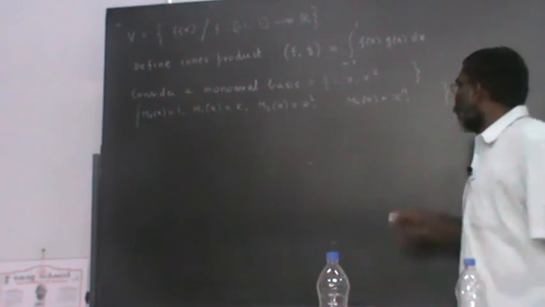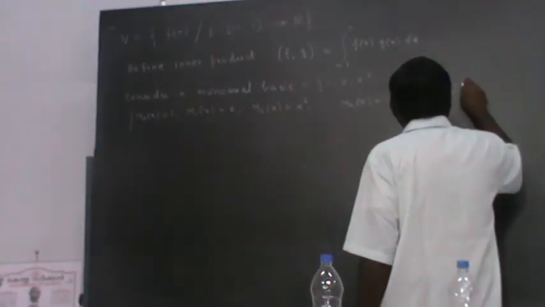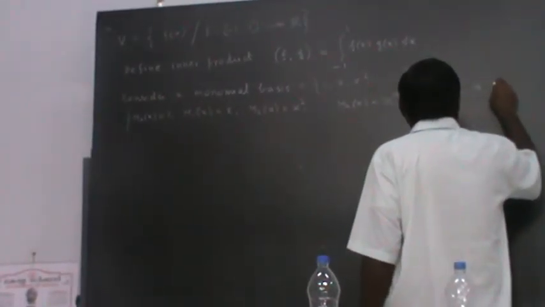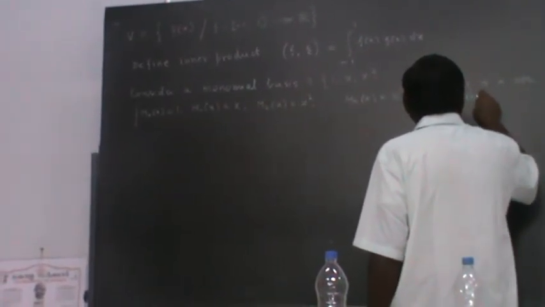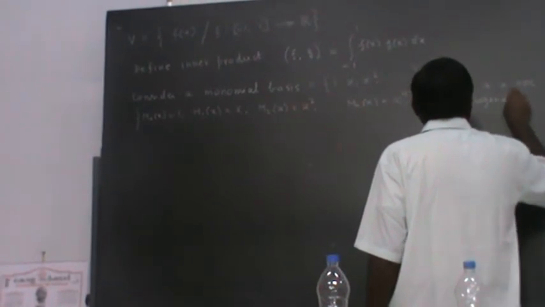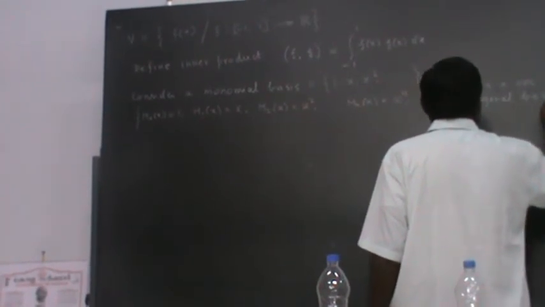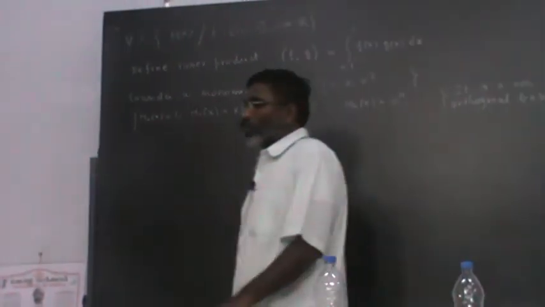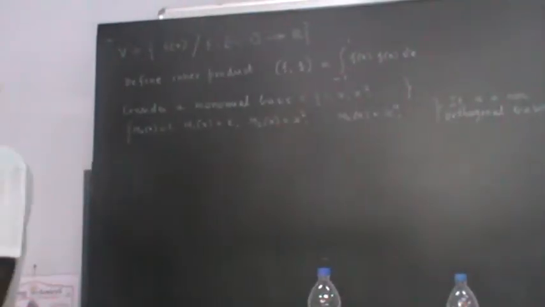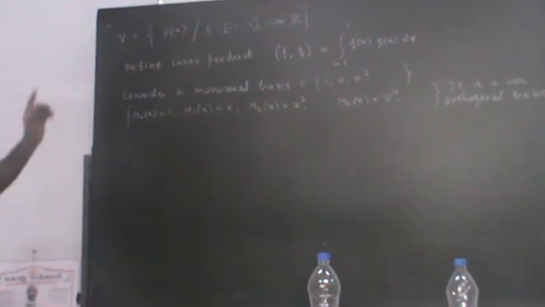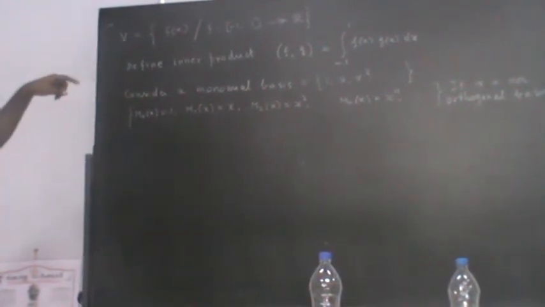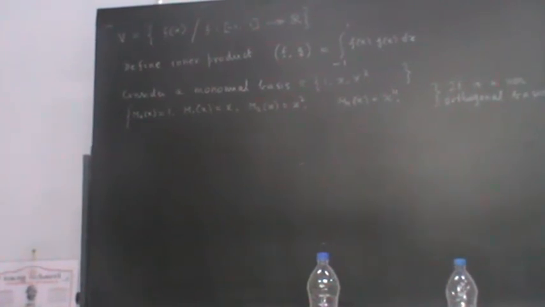It is a basis, a linearly independent set of polynomials or monomials, but they are not orthogonal with respect to this inner product. Orthogonality has to be talked about only with respect to your defined inner product. So I define the inner product, and with respect to this inner product, they are not orthogonal.